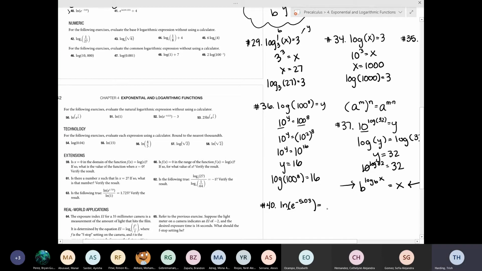And we'll just say that's equal to y. So e to the y is going to be e to the negative 5.03. And notice that when they are either a natural logarithm or a logarithm to the base with that immediate base on the inside, they should cancel also.